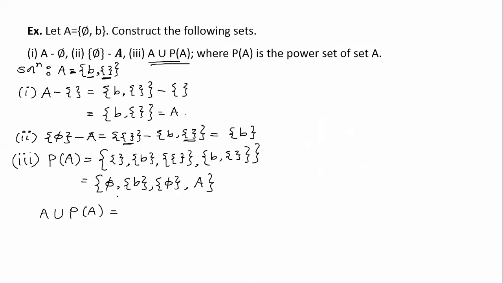So both are in power set of A, so that will be equal to power set of A. This happens always, so it is very much obvious. A united with power set of A will be power set of A. A intersected with power set of A will be equal to A. And this is our final answer, these are the four elements like that. Okay. So nice.